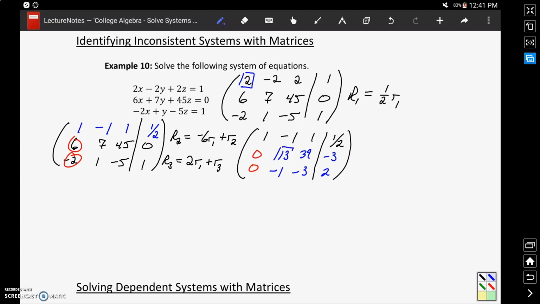Now our goal is to get row 2, column 2 to be a 1. In this case, I'm going to again take advantage of trading the places of two rows, so that again, I can turn this value in row 2, column 2 into a 1 without introducing fractions.